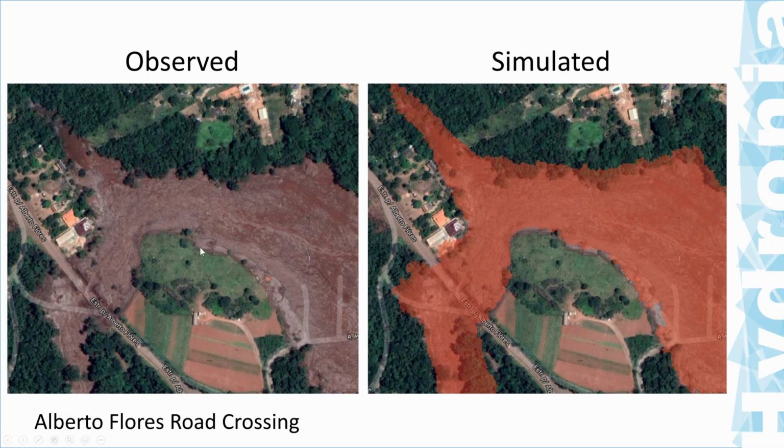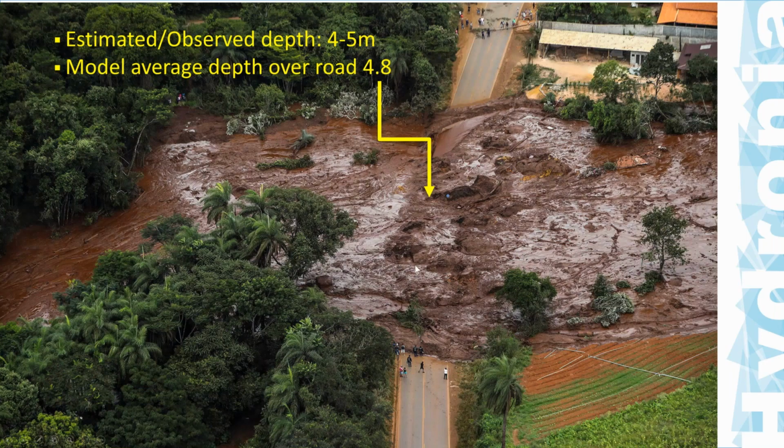But we compare the areas in different locations. This is the Alberto Flores crossing. I will come again to this area to show you briefly what happened there. And you can see here, this is the final state of the flow. So if you had water, you wouldn't see anything here because you wouldn't have that deposit.